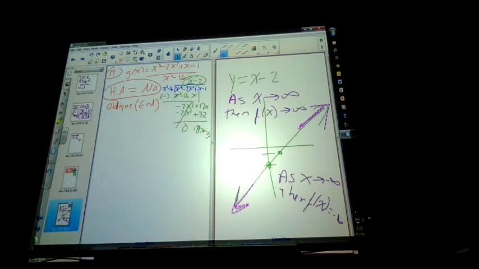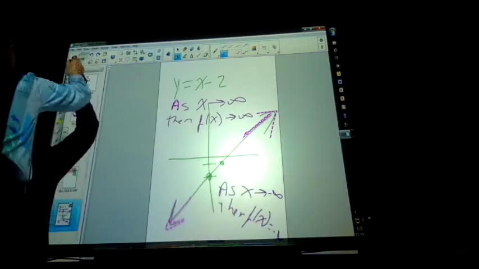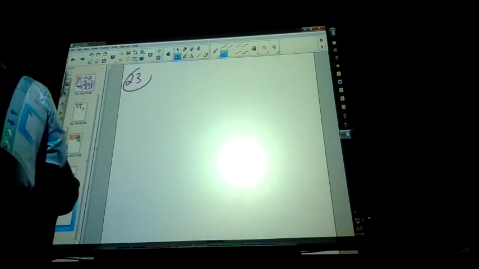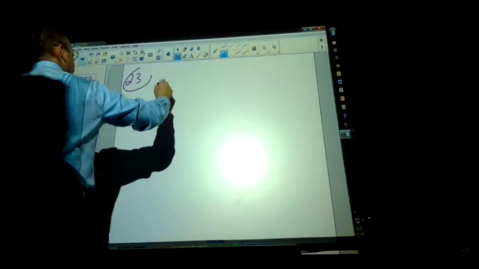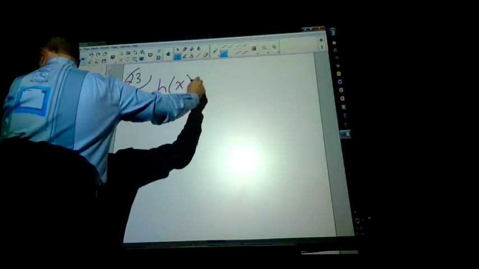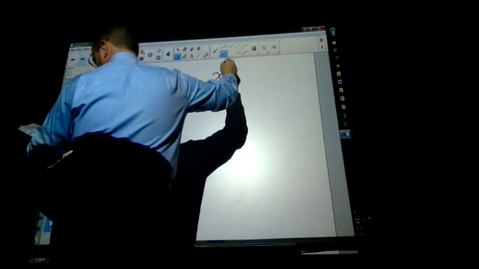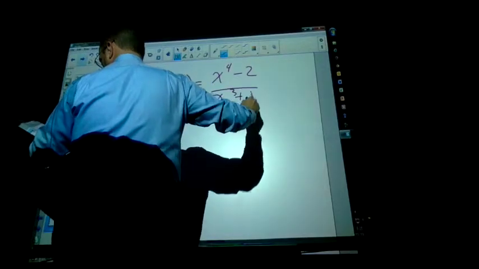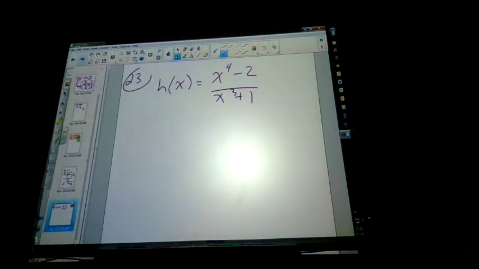Do we have any more problems? Oh, 23. 23? Okay. And then this one just says, determine the oblique asymptote.